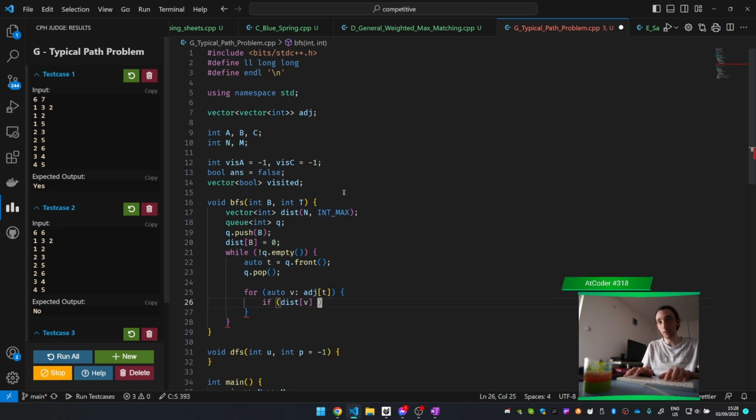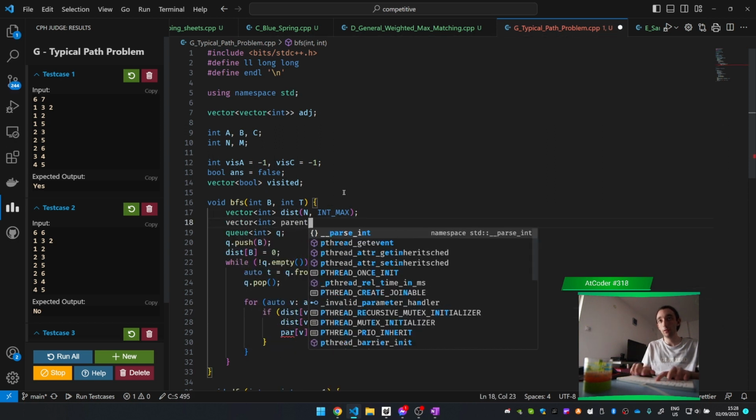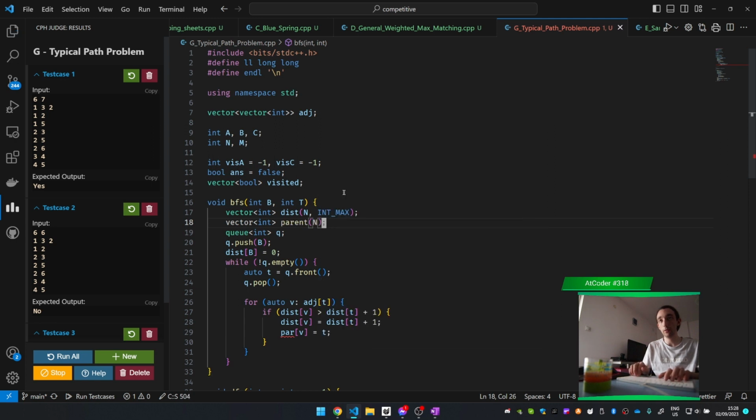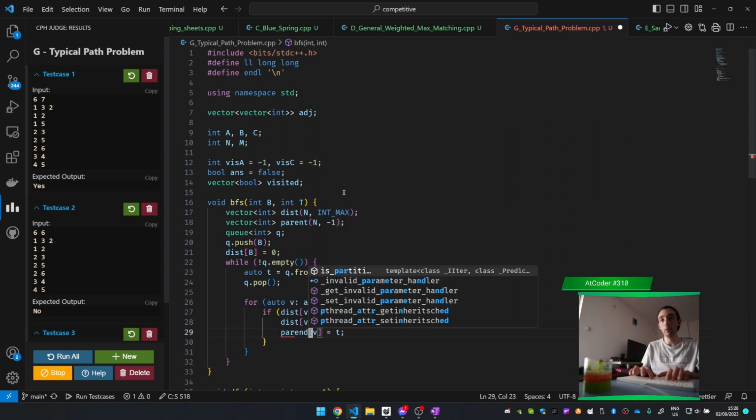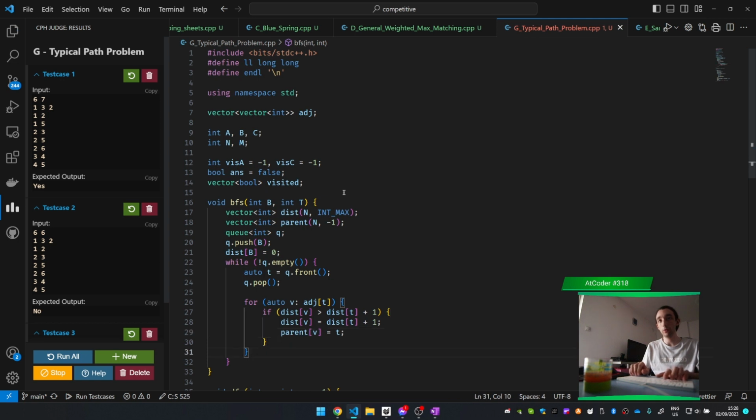If distance V is greater than distance at t plus 1, distance V is t plus 1, parent V is t, so this is a vector, and parent, right, and then parent at V equals t.